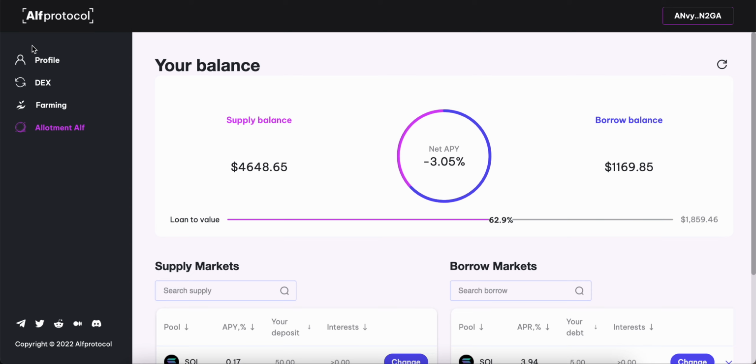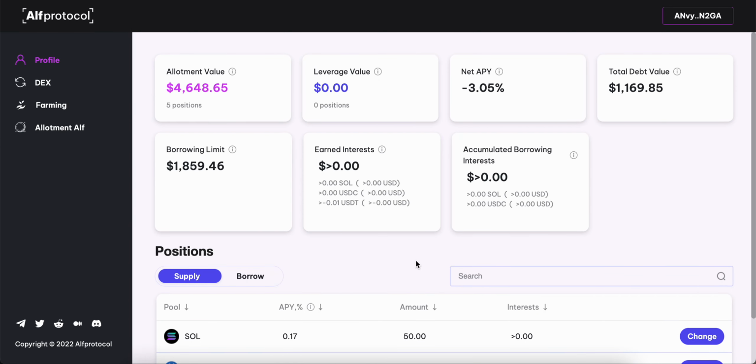You can also click on the profile and you will see your profile right here. Let me quickly walk you through what this profile is and what kind of things you can see, but pretty much you are able to see the same thing in a simple and nice user interface. So the allotment value is how much money you have deposited in general.